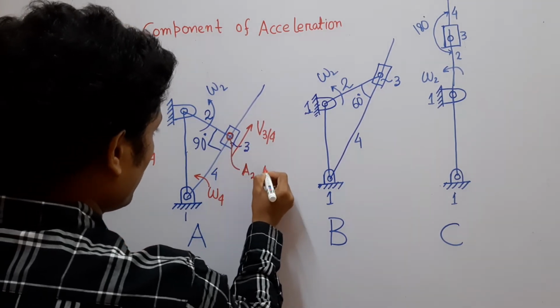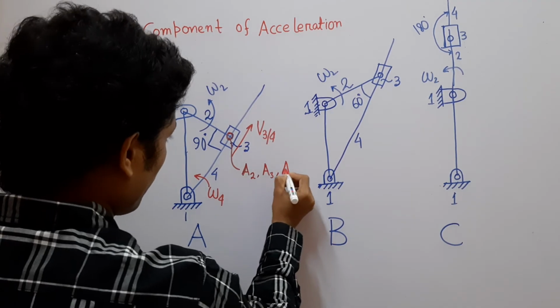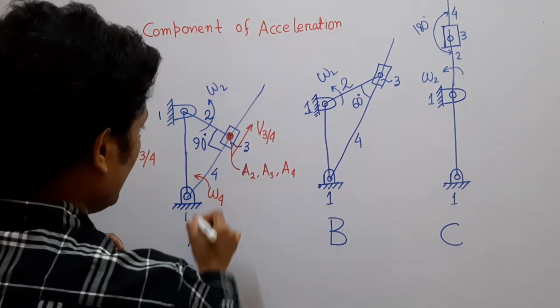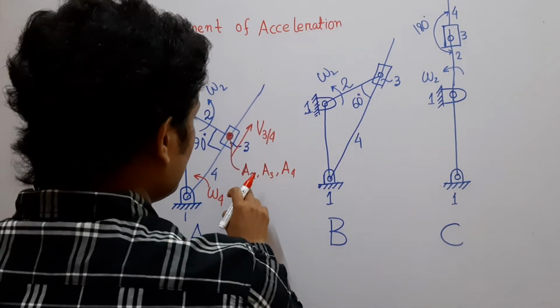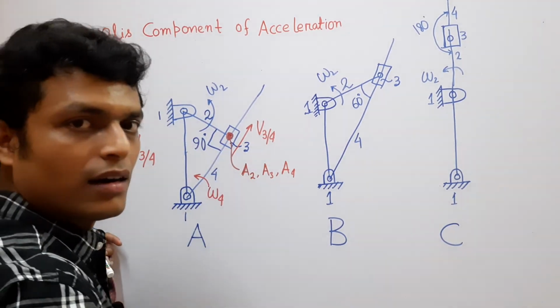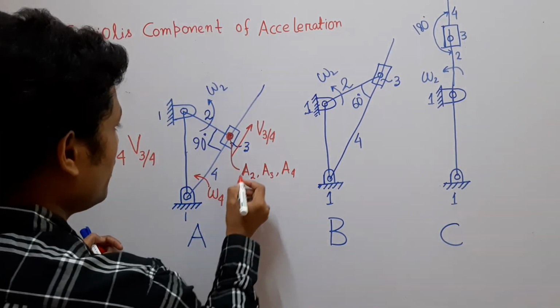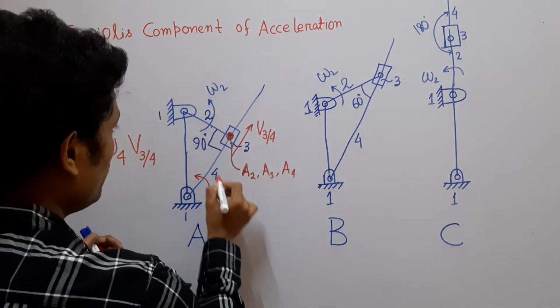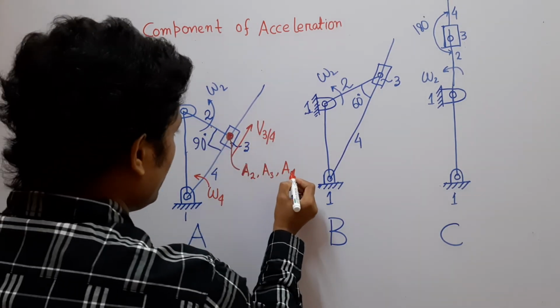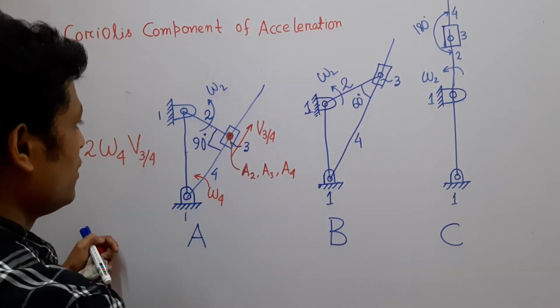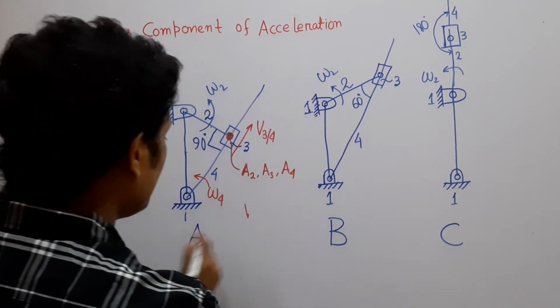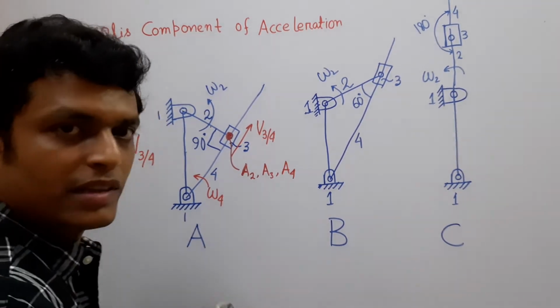instantaneously coincident point A2, A3, A4. So at point A, all three links lie on point A. Point A lies on link 2 as well as link 3 as well as link 4 at this instant. So what is VA2? A2 and A3 always remain coincident.